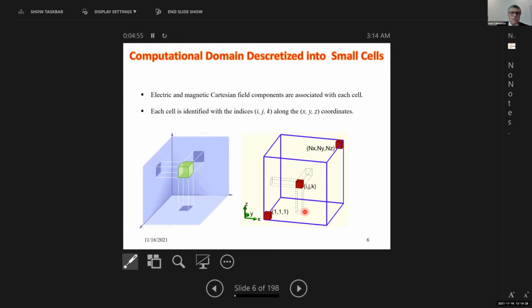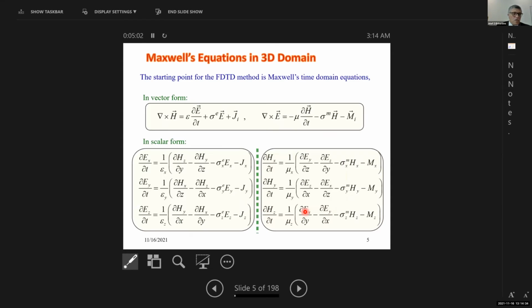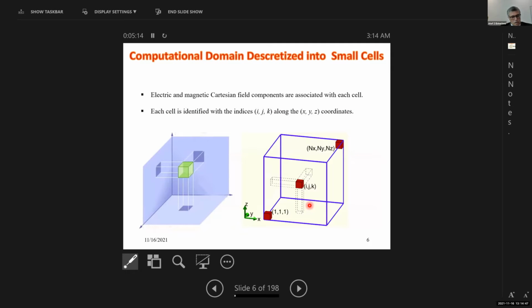We are going to end up with 1,000,000 cells in this domain. For those 1,000,000 cells, we need to solve for each cell the 6 unknown field components Ex, Ey, Ez, and Hx, Hy, Hz. So we need to solve those 6 equations for each node, or in other words, for a million cells if we have 100 by 100 by 100.